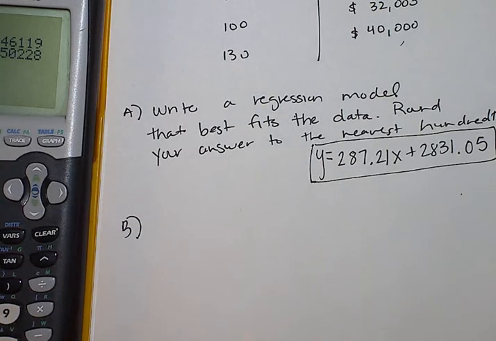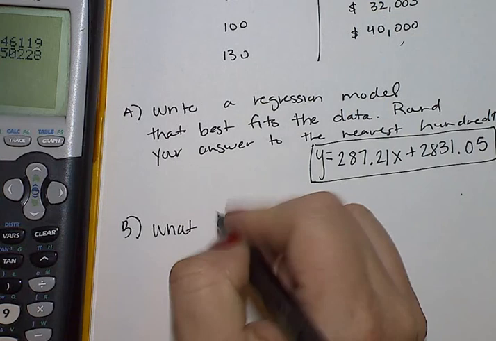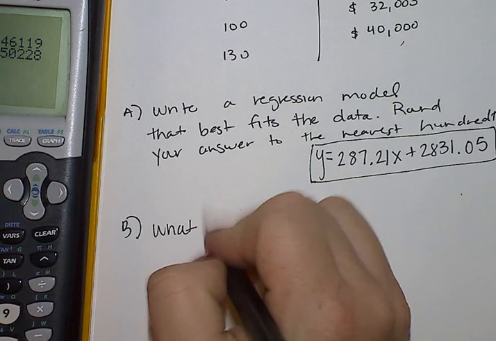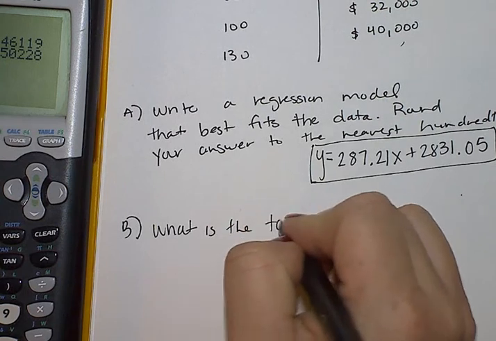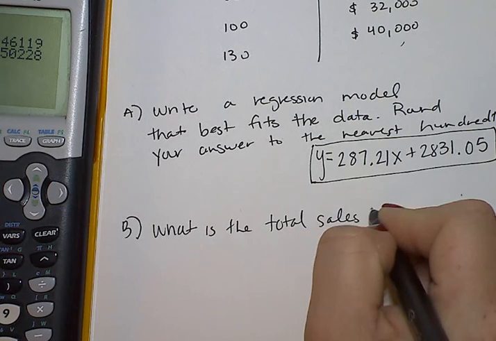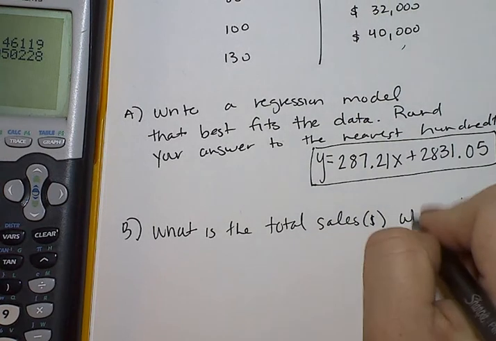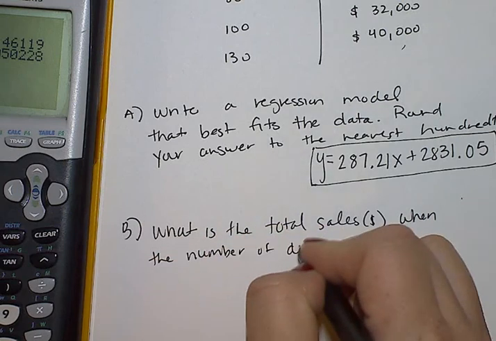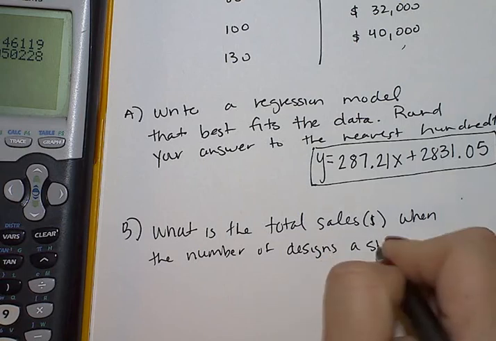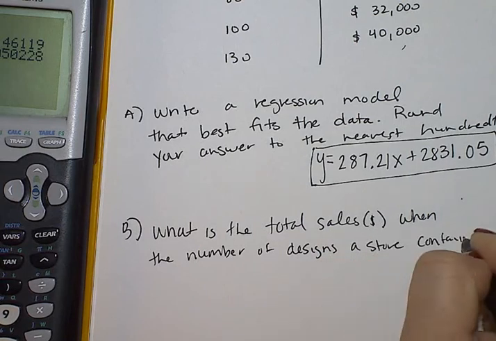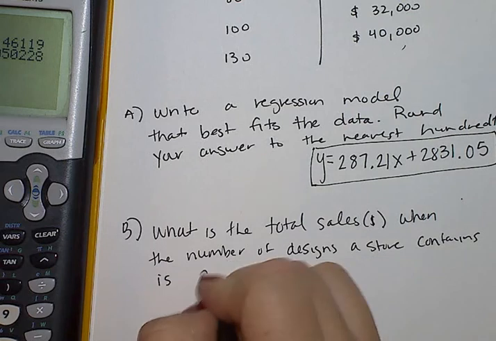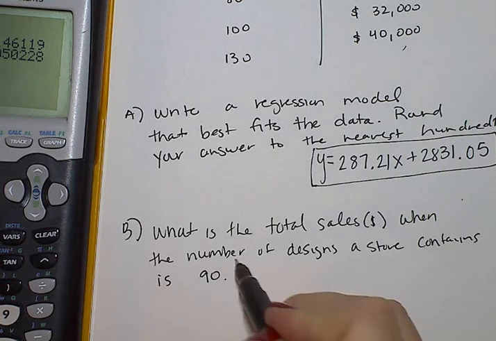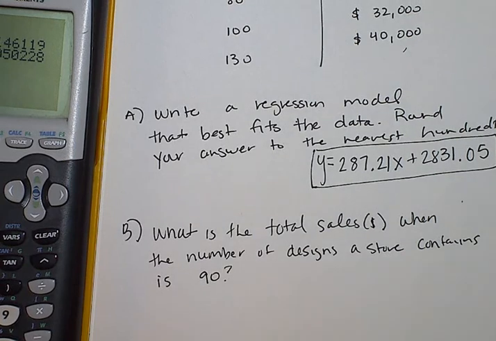What is the total sales when the number of designs a store contains is 90? What is the total sales when the number of designs a store contains is 90?